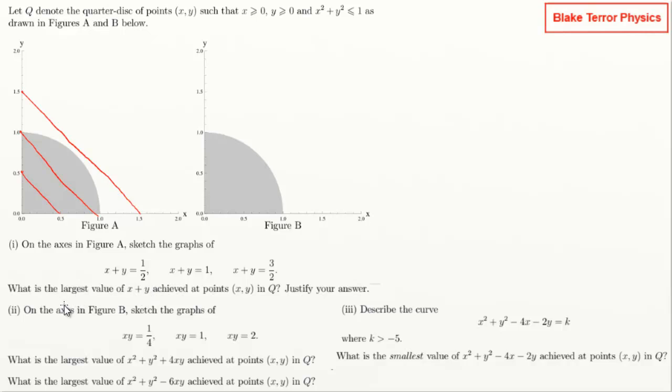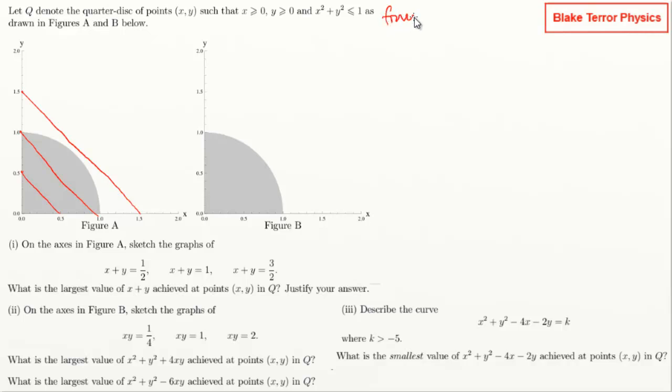What's the largest value of x plus y achieved at points x, y in Q? So how big can x plus y get inside the disk? This is going from a half to 1 to 3 over 2, so we're increasing as we're going out. We want to have the largest value.